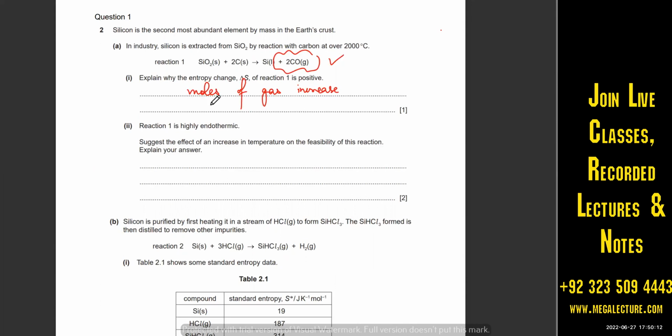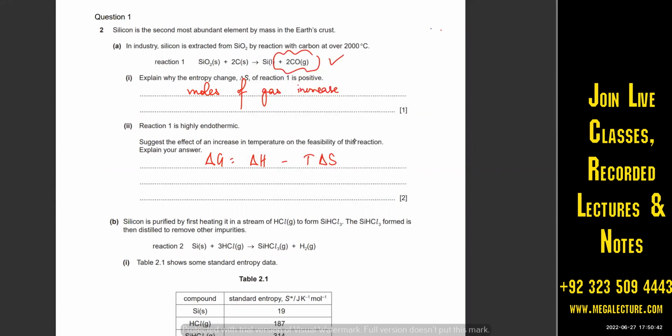Then he says that reaction 1 is highly endothermic, suggest the effect of an increase in temperature on the feasibility of the reaction. So the feasibility depends on the Gibbs free energy. That's the total energy available to the system. So the formula for Gibbs free energy is delta H minus T delta S. Now they've told us already, what have they told us?